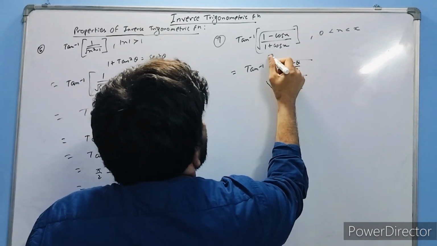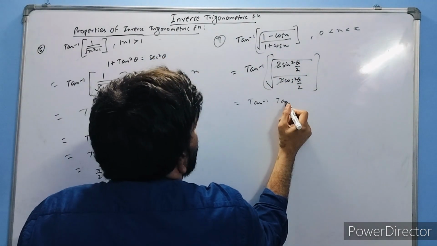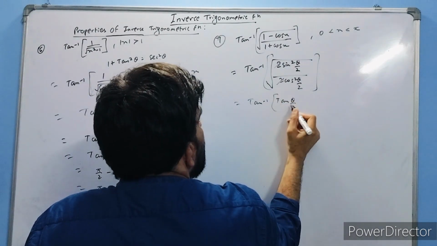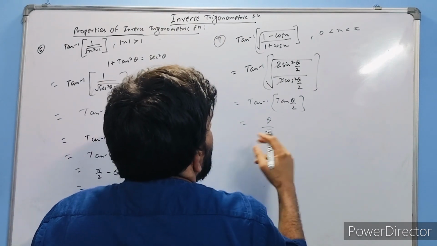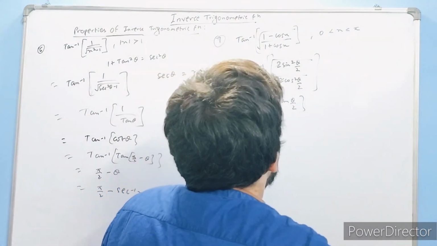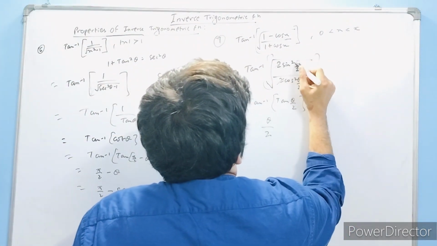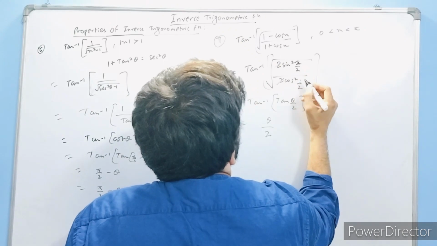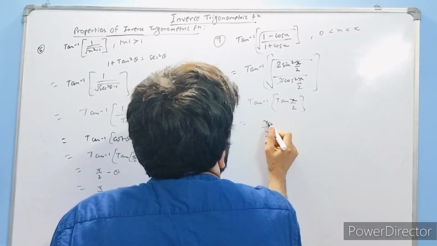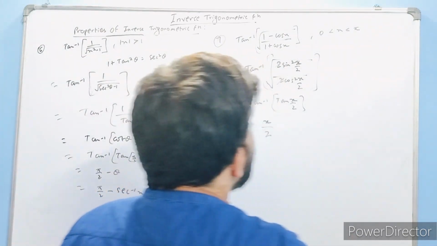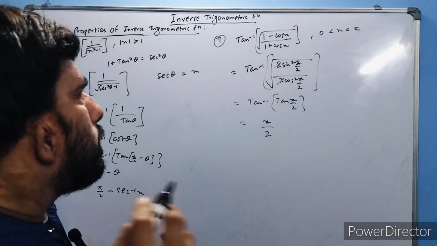We have a root, so it will be tan inverse tan theta by 2. Oh, sorry, we can take 2 sin square x by 2 here, so it is x by 2. Okay, so now that is how we solve the question here.